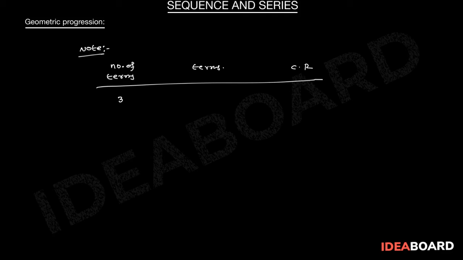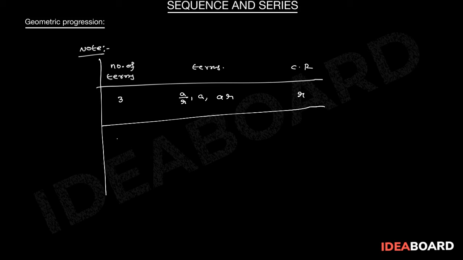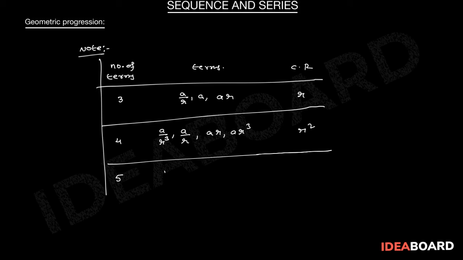Choose the terms in GP are A by R, A, AR, common ratio R. If the number of terms are 4, choosing the terms are A by R cube, A by R, AR, AR cube, common ratio R square. If the number of terms are 5, the choosing terms are A by R square, A by R, A, AR, AR square, the common ratio R.